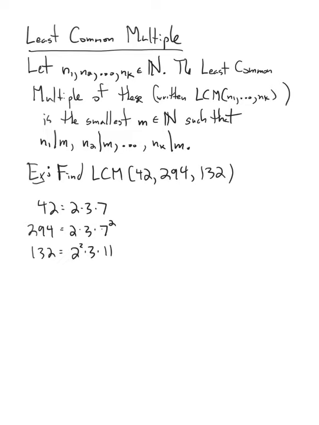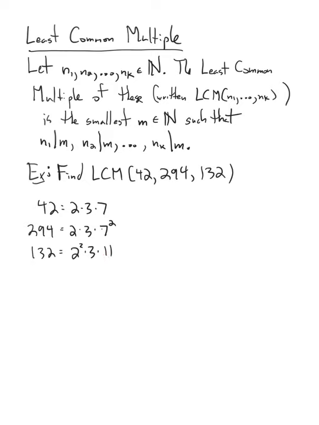So, again, let's see if we can figure out how to do this. So we're looking for the least common multiple, and let's do the same numbers since we already have that prime factorization. 42, 294, 132. Here's the prime factorization of each.